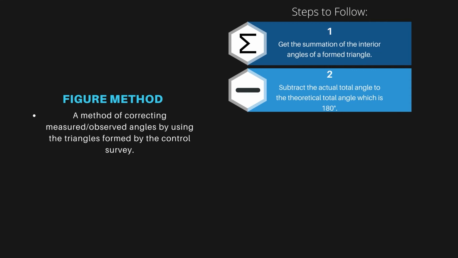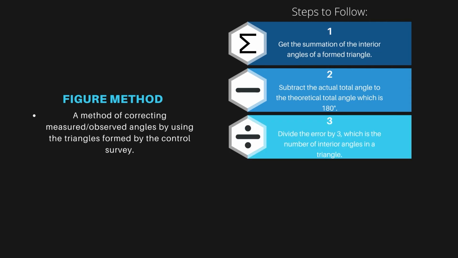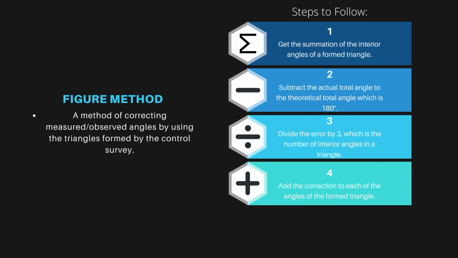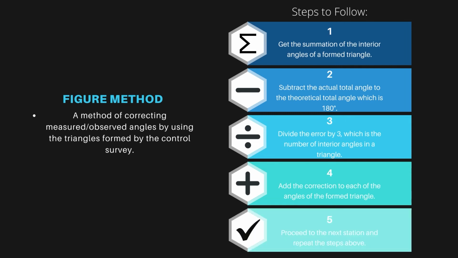This is the value of your error. The third step is to divide the error by 3, which is the number of interior angles in a triangle. This will be the value of your correction. The fourth step is to add the correction to each of the angles formed by the triangle. This will be the adjusted value of your angle. And lastly, you proceed to the next figure and repeat the steps above.